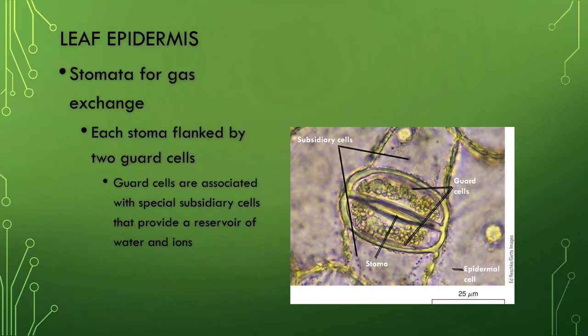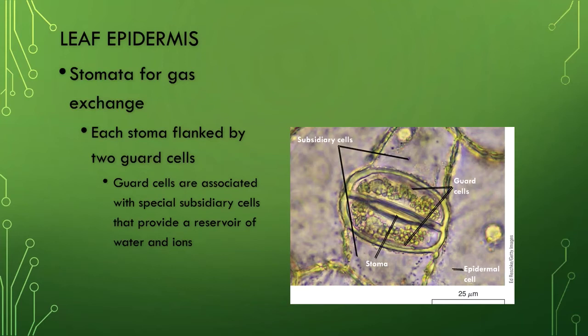Okay. So most cells in the upper and the lower epidermis actually lack the chloroplasts that are used for photosynthesis, and they're relatively transparent. Again, that's more for protection. The epidermal cells, as I mentioned before, secrete that waxy cuticle, which helps to prevent water loss.